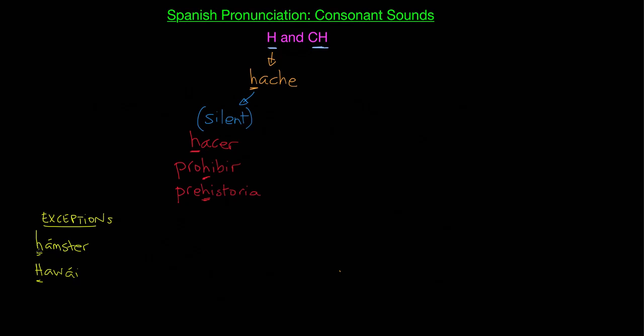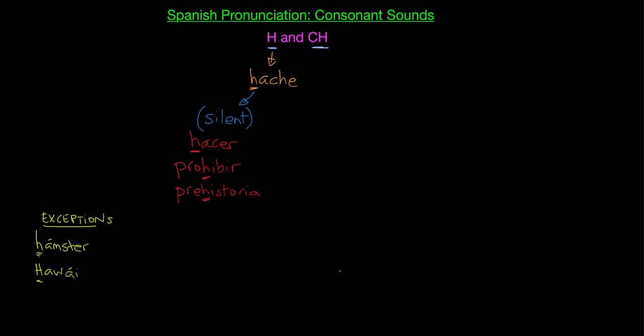The reason for this is because these are English words, or words that have arrived in Spanish through the English language, okay? And the closest thing in Spanish to an English h sound is a Spanish j, okay? In Spanish there is no h sound, or at least in mainland Spain, there is no h sound. The closest thing to it is a j.